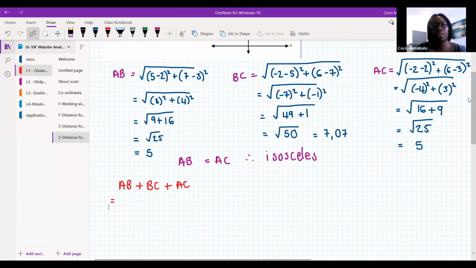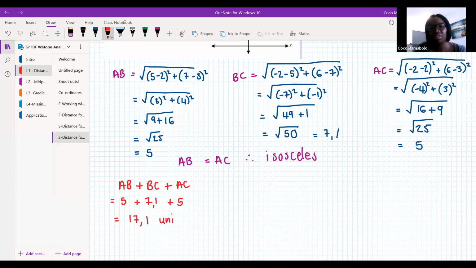So rather than 7,07, I'm going to make this 7,1. Good. Correct to 1 decimal place. So this is going to give us 5 plus 7,1 plus 5, which is equal to 17,1 units, we can say, because they don't tell us the units.